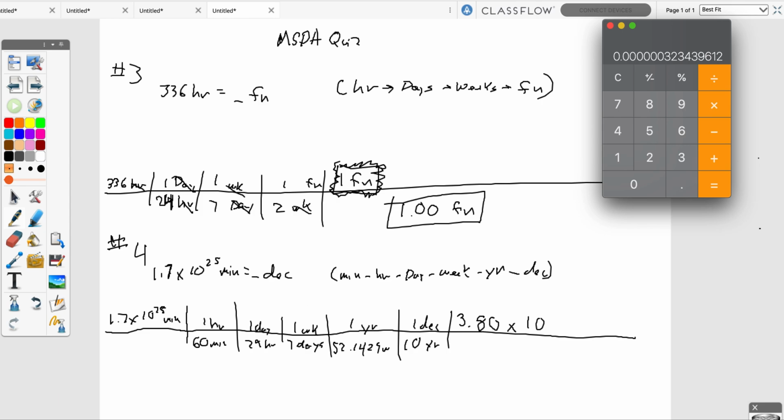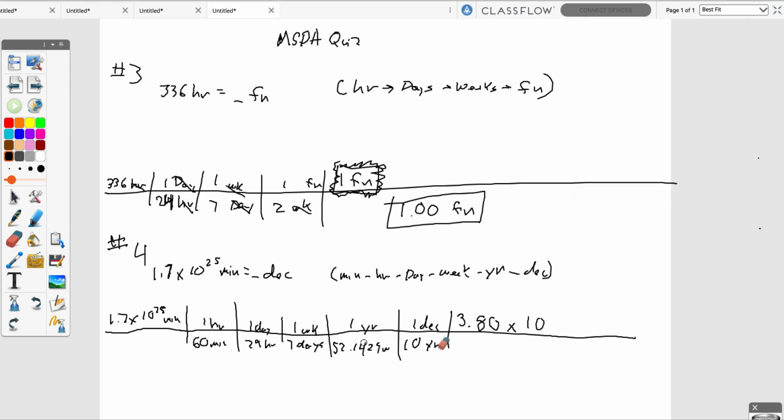Let's erase that. 32.0 times 10, and we said we went back 7, right? So we have 25, and we take away 7, that gives us 18.